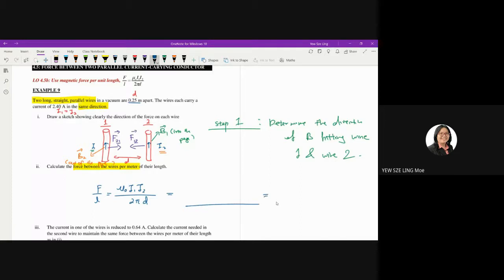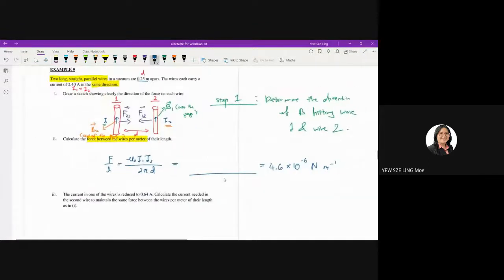Then you should obtain 4.6 times 10 to the power of negative 6 Newton per meter. So that is how you solve question number 2.